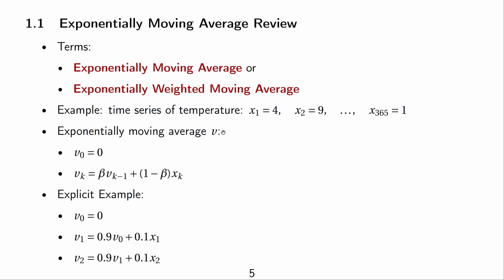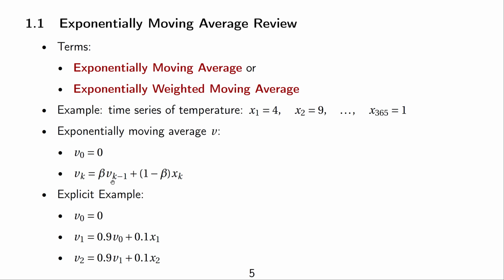So let's look at how to compute this exponentially moving average. It's initialized with 0, and so v subscript 0 is the exponentially moving average at the time indicated by the subscript. So at time 0 it's 0, and then we have this recursive equation that says that to get the exponentially moving average at time k, it's beta, which is a parameter that we can use to configure this exponentially moving average.